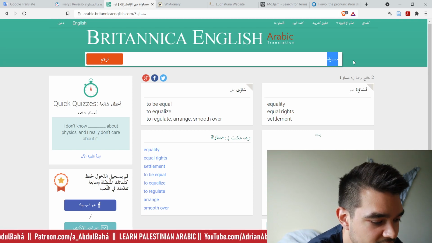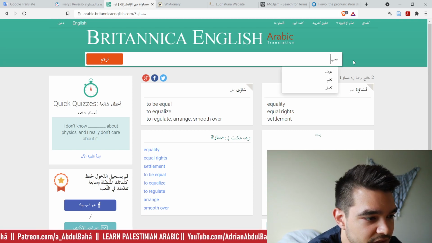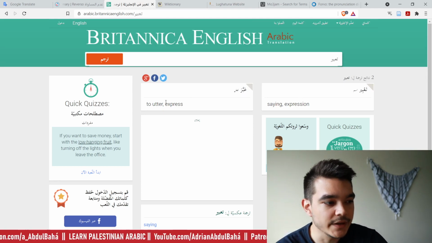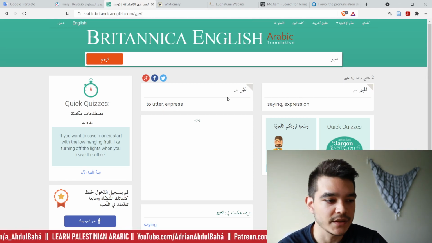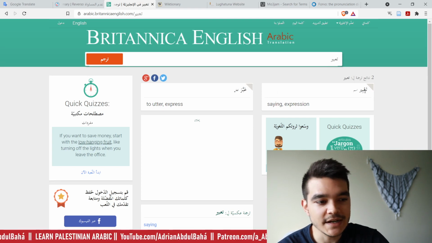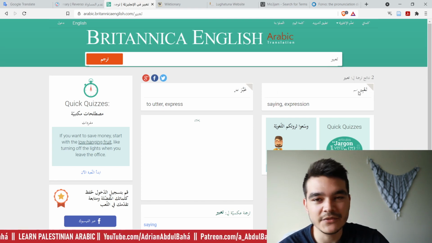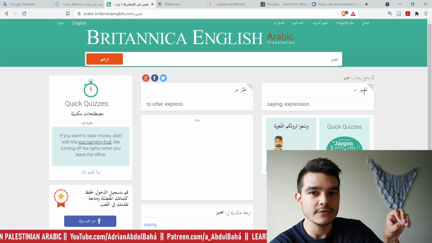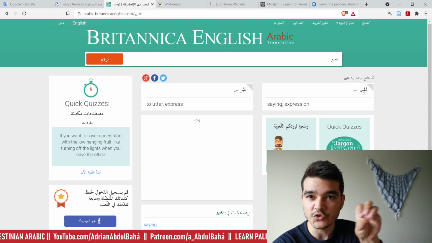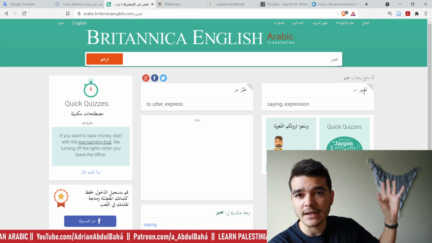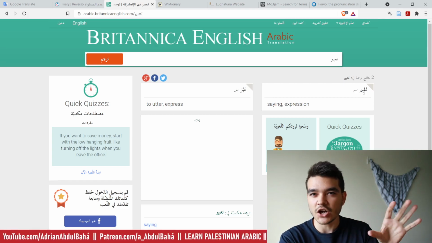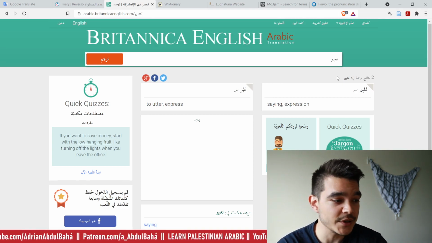But if you put ta'bir, this means expression, and it will also give you abbar, which means to express something. So it's nice because if you're still learning, if you're more of a beginner, you might not be able to get abbar from ta'bir, but this shows you that connection. Google Translate and Reverso, because they're based on a corpus, are just different, and they're not going to know this stuff. So it's nice to have that information.